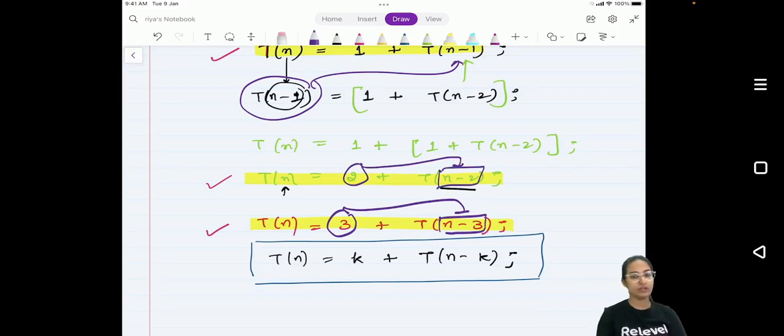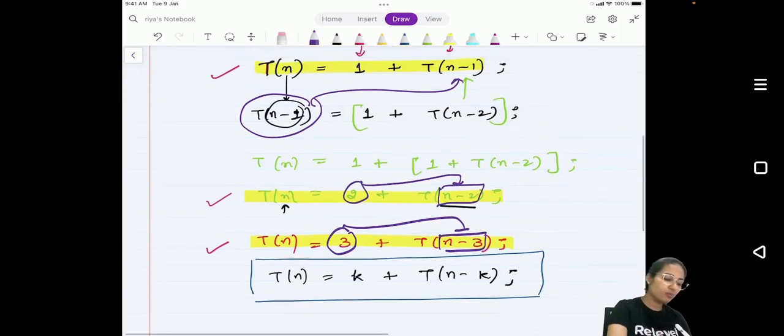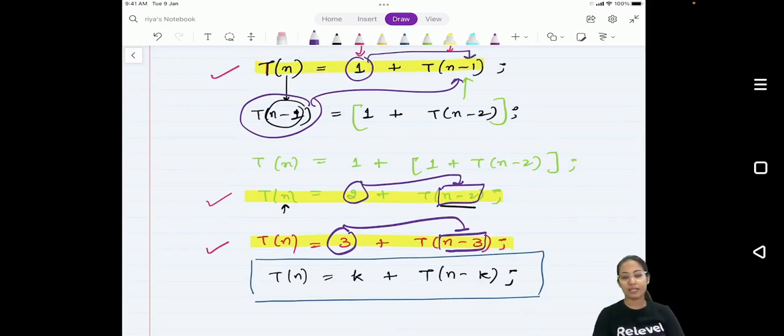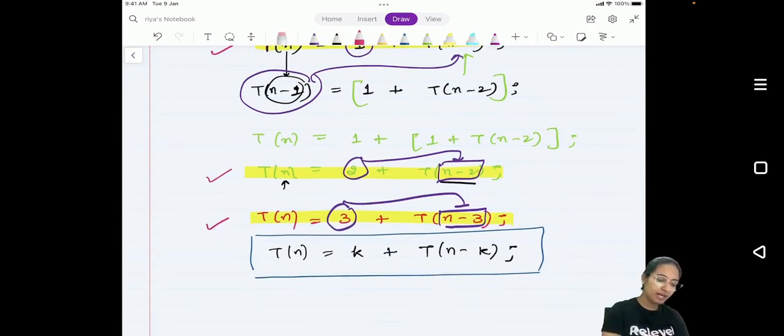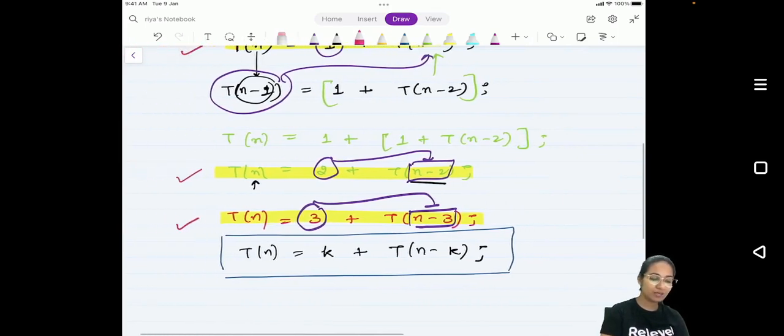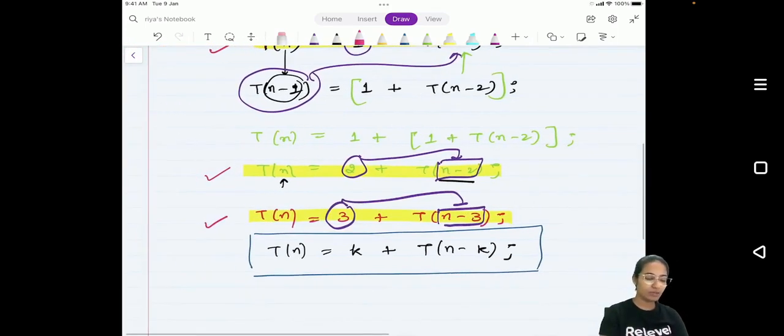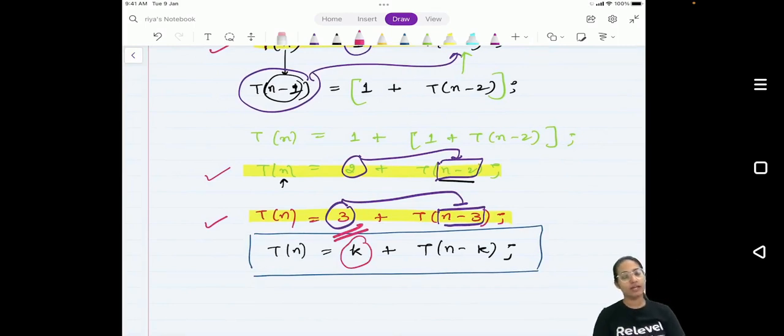Similarly, we had 1 over here, and with that we have T of n minus 1. So what we are essentially doing is this equation, and as you can see, the general part of the equation is that k is nothing but a constant value, and apart from that, we have an n minus k term.